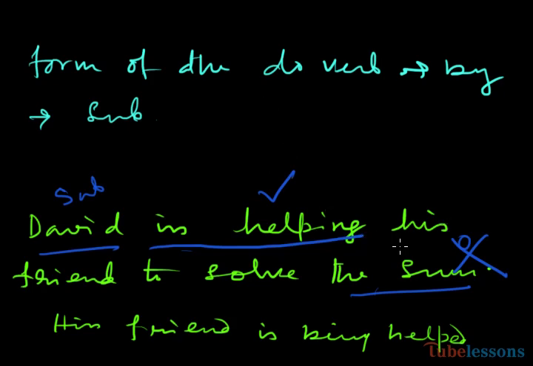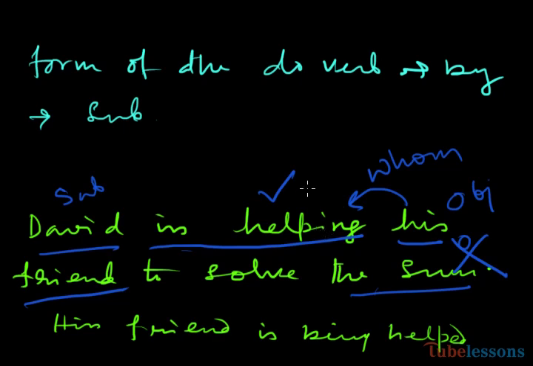Here, his friend is directly related to the verb. David is helping whom? David is helping his friend. So this is the object, not the sum. His friend has a direct connection to the do verb.